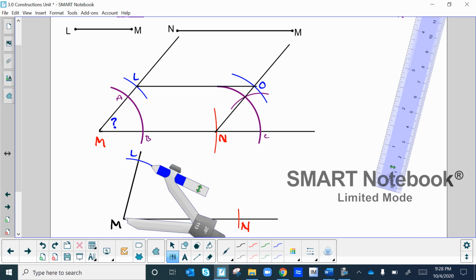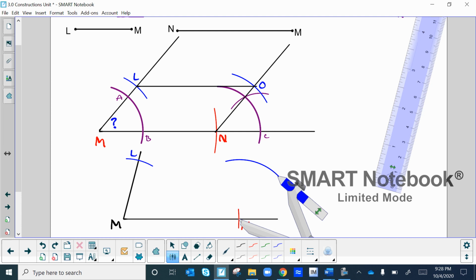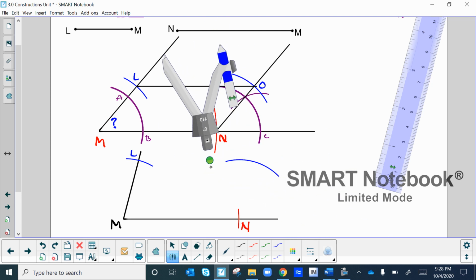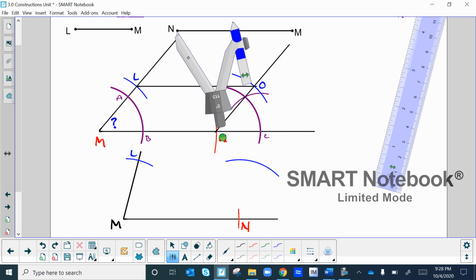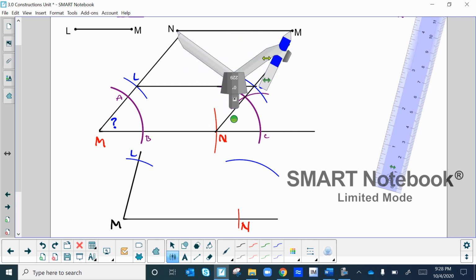Now remember, I just stressed to you that opposite sides are congruent. So I'm going to make an arc. Notice I kept that same measure because opposite sides are congruent. I just finished measuring LM, which should be the same over here. Then the bottom is as big as MN, so that's what LO needs to be because opposite sides are congruent.